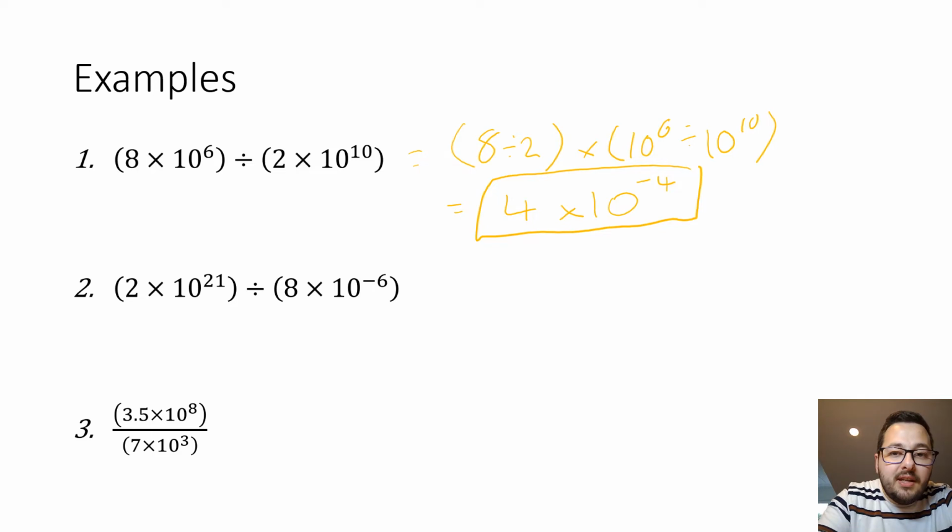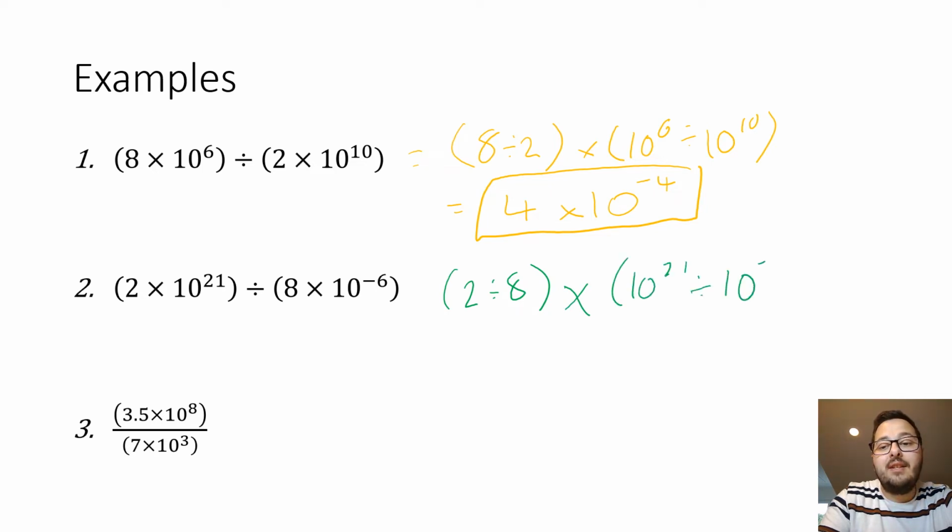So this is going to be 2 divided by 8 times 10 to the 21 divided by 10 to the minus 6. Well, 2 divided by 8 is going to be 0.25 times 10 to the 21 minus minus 6 is 21 plus 6, which is 10 to the 27.